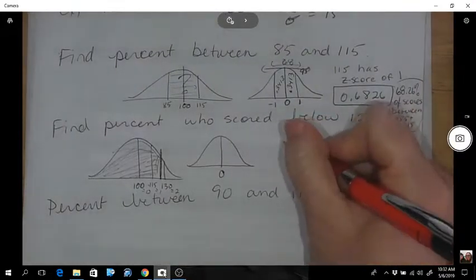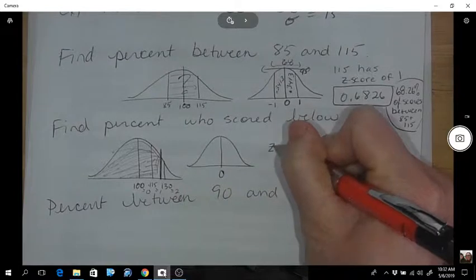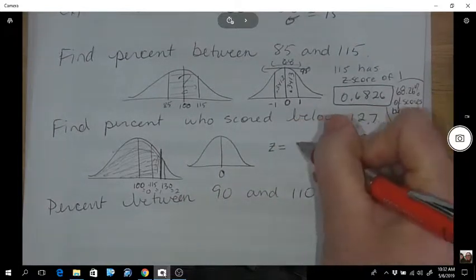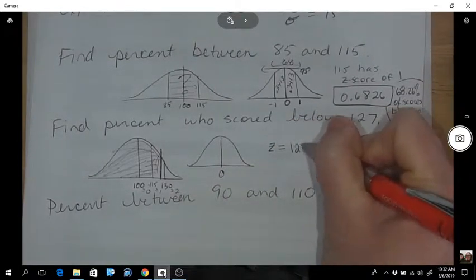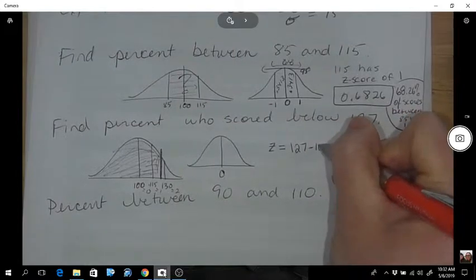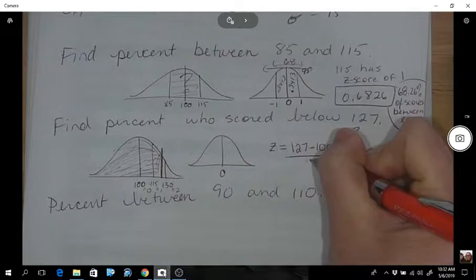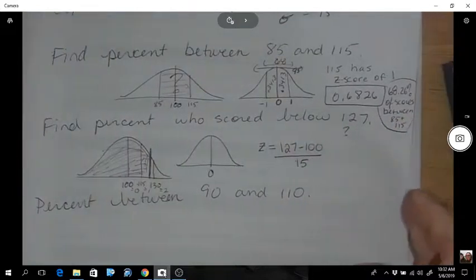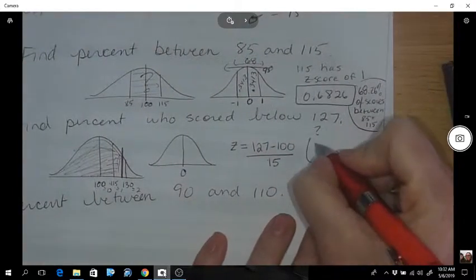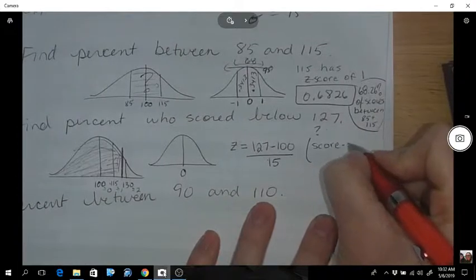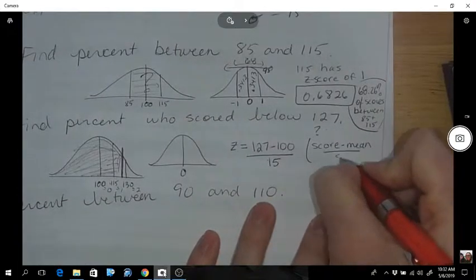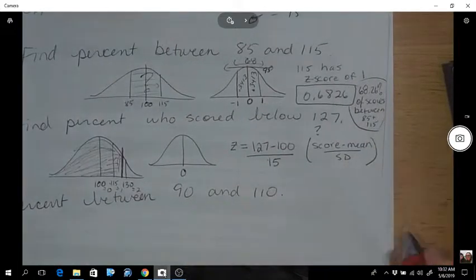So we're going to use the Z-score formula: it's the score that you have, subtract the mean, over the standard deviation. So your score minus the mean divided by the standard deviation. What does that come out to be? We get 1.8.